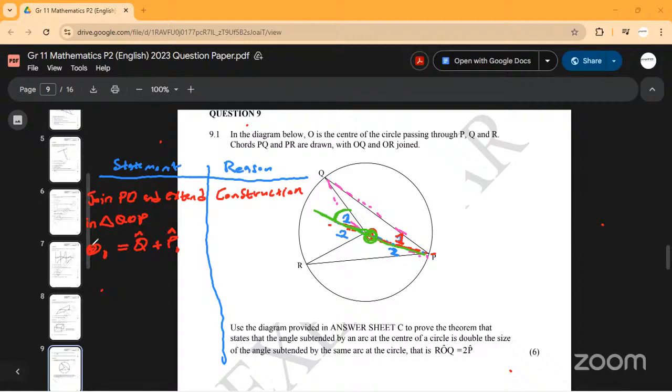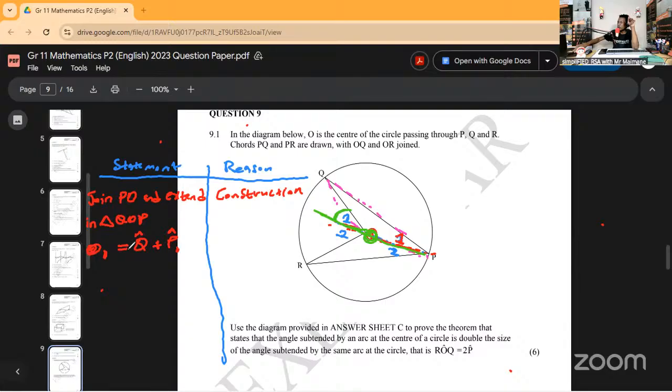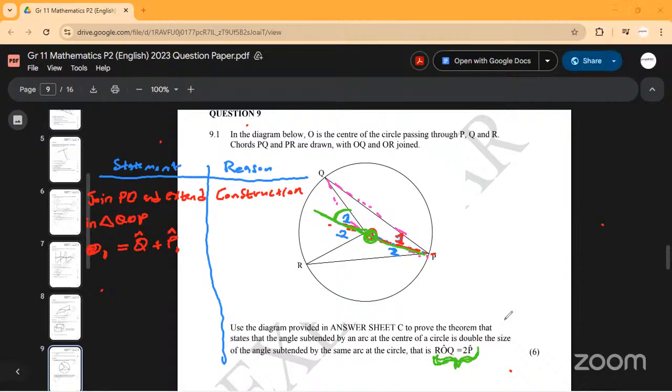Whatever I'm doing, I want to involve O1 and O2 as well as P1 and P2, because they are the main event that I need to prove in this theorem in order to reach the conclusion. So hence I say O1 is Q1 plus angle P1.